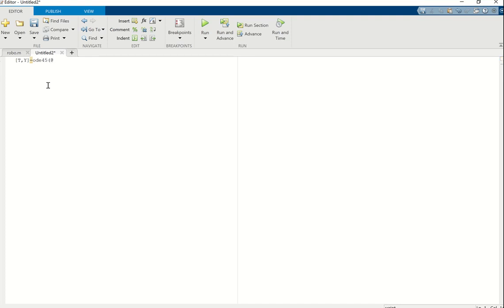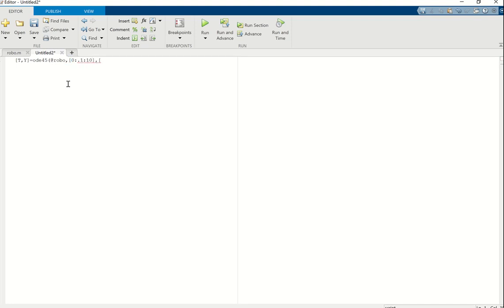Then at in Matlab, as you may know, is calling the other M file at robo. Now I'm giving the time interval with a time step of 0.1 to 10.